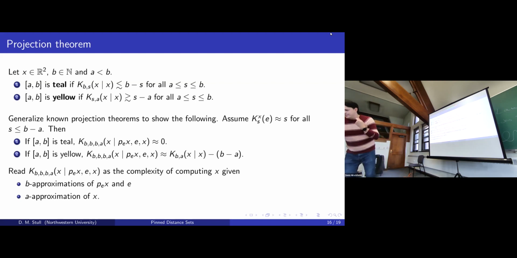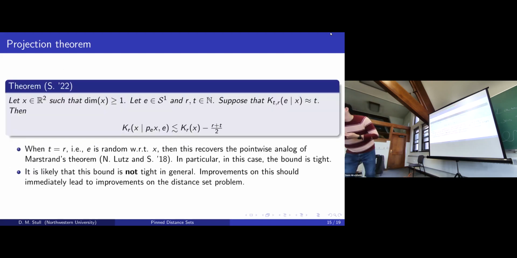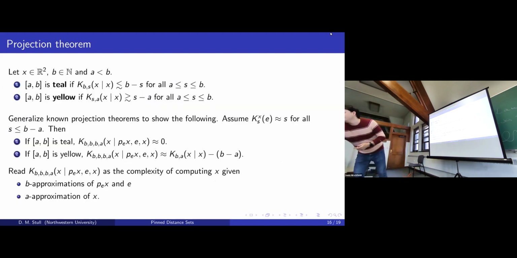The proof of this theorem is really trying to cut up the interval from 0 to R so that you can sum up the bounds that we get from the yellow and teal intervals.